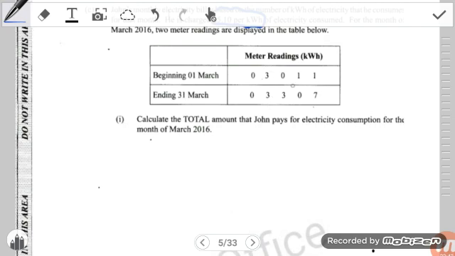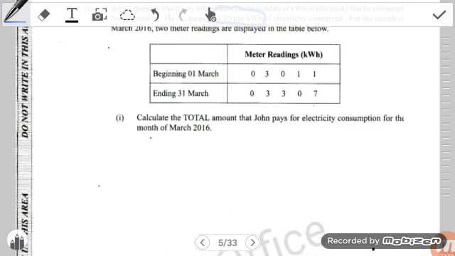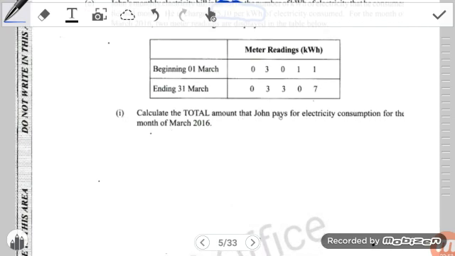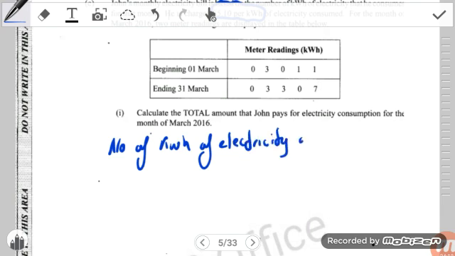All right, let's see here. Calculate the total amount that John pays for electricity consumption for the month of March. All right, so we need to know how much kilowatt hour of electricity was used. So we could say that number of kWh of electricity used equals, we don't have to write out the whole entire sentence, but let's see here.